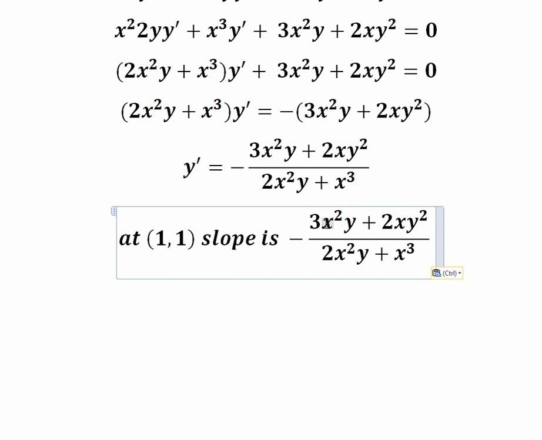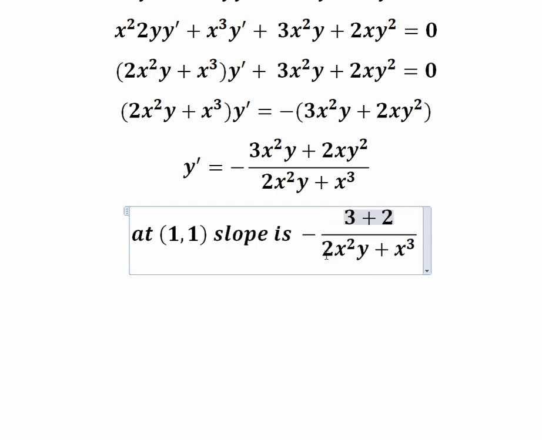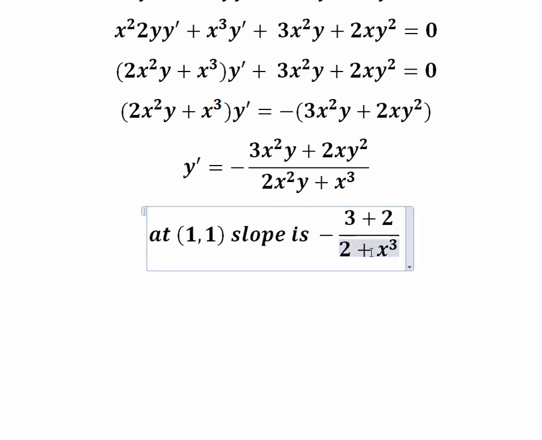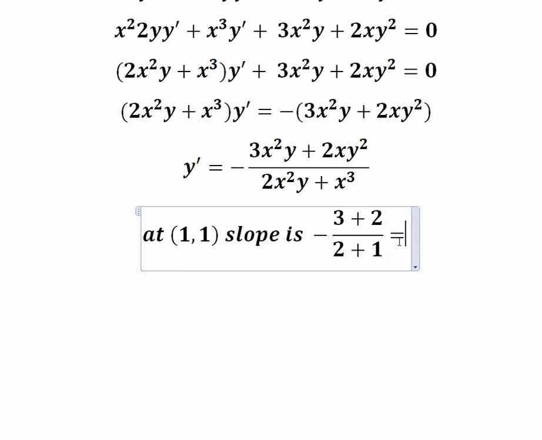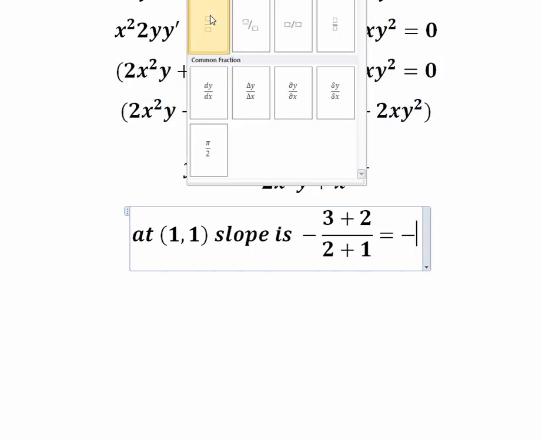So if we substitute 1, 1, what do we get? We get a 3 here and a 2 here, and then for the denominator this will simply change to 1. So the slope at 1, 1 is negative 5 over 3.